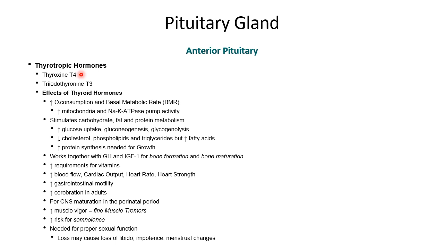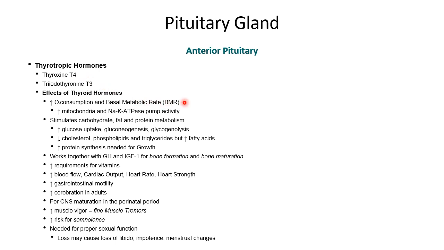And so T4 has 4 iodine atoms and T3 has 3 iodine atoms. Of the two, the most potent is T3, but the most numerous is T4. So in the blood, you have more T4. But if you compare the activity of the thyroid hormones, T3 exerts more activity.